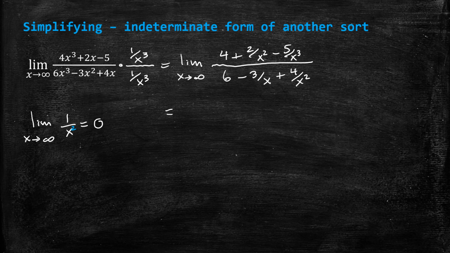So that if we think about it, sometimes we write it like this. This is going to go to 0. Let me use a different color. This expression as x goes to infinity is heading to 0. This and this. And we are left with an answer of 4 over 6, or 2/3.